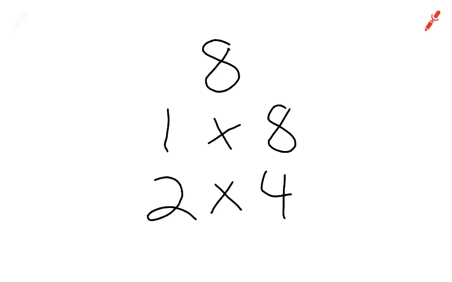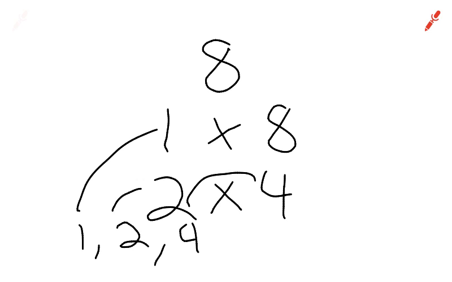And so your factors of 8, in numerical order, will be 1, 2, 4, and 8. Those are the factors of 8, and the pairs of factors are 1 times 8, 2 times 4.